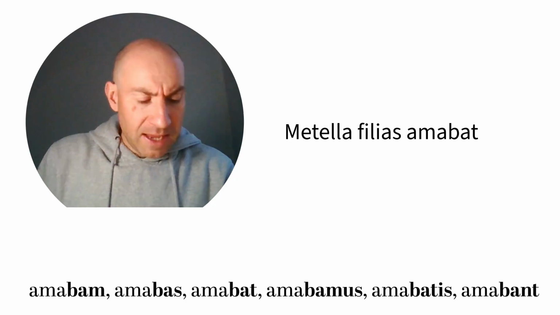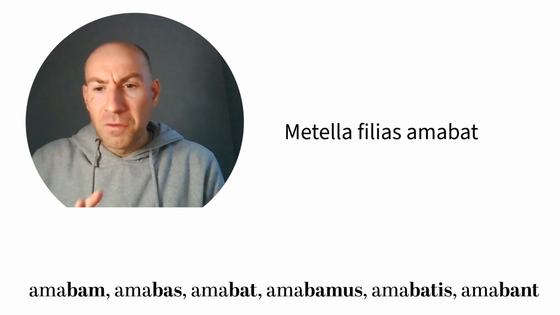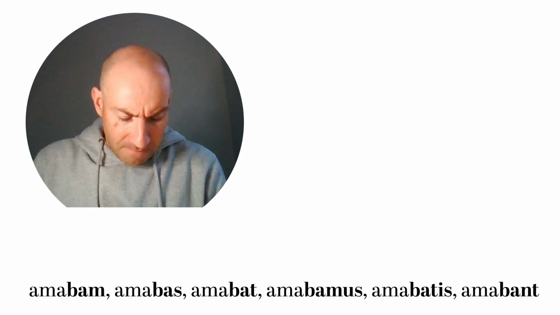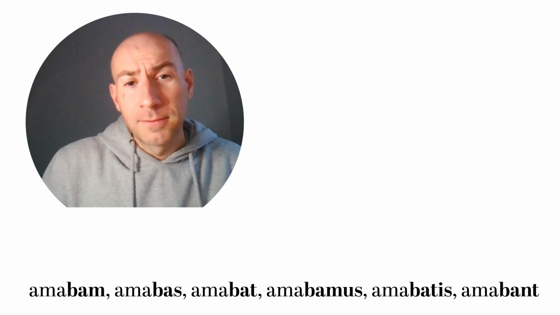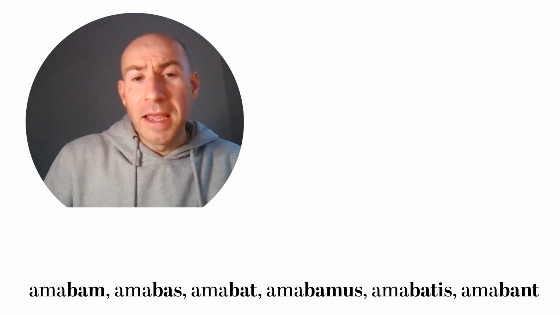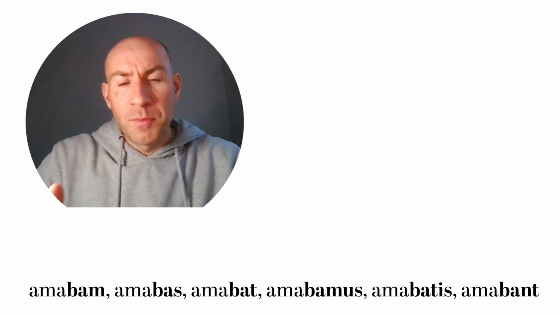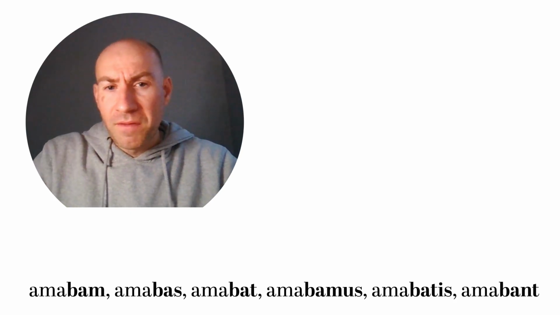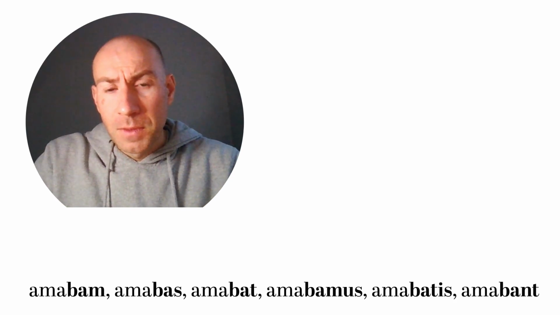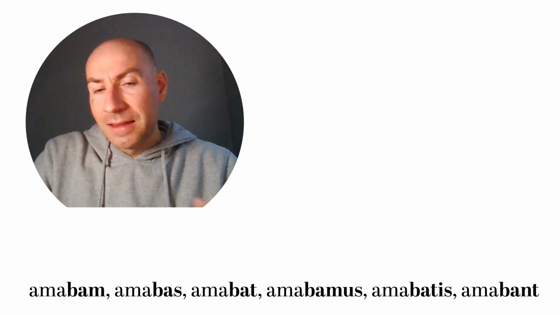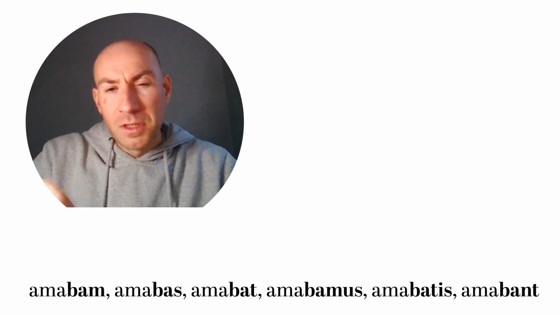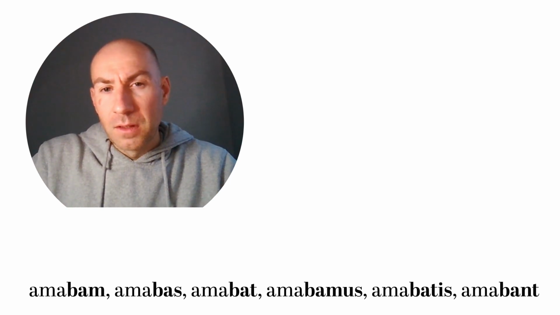Let's now try it into Latin. Just a few sentences for you guys. Father would work in the field. I'll just help you with that last word. We can have campus or ager. Think about agriculture. They are second declension masculine nouns, and so you'll need to put it in the ablative. Campus or ager.